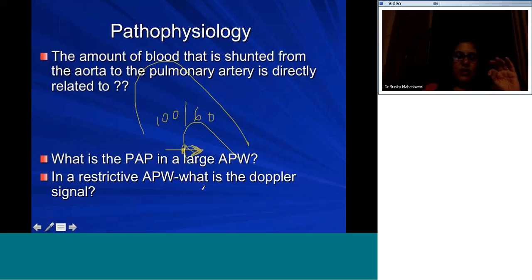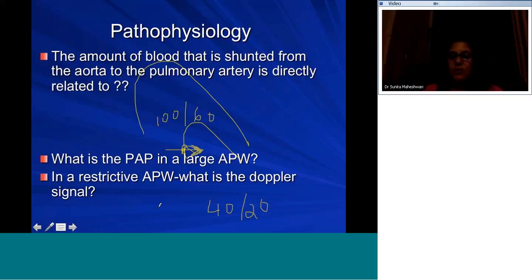If there is restriction, both in systole as well as in diastole there's going to be restriction. So if gradient is 60, PA pressure is, let's say, 40 by 20. Now in systole you have a gradient, in diastole you have a gradient.